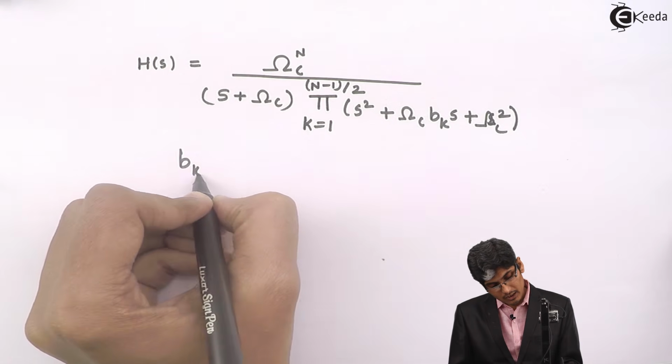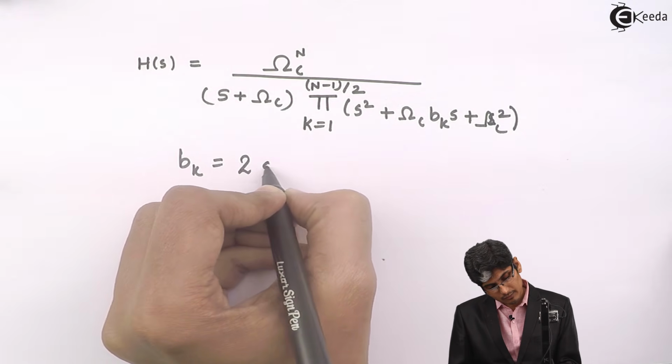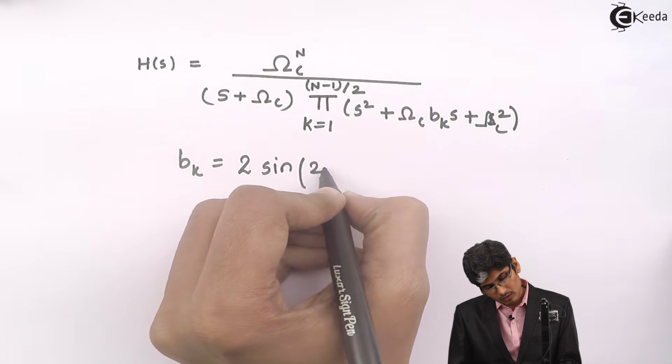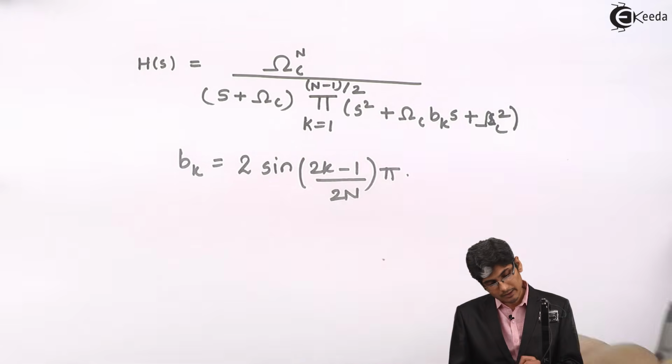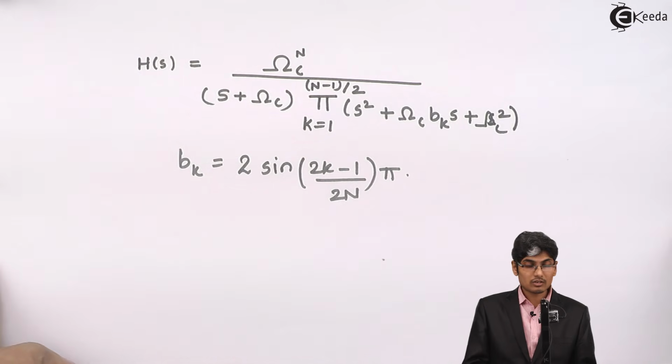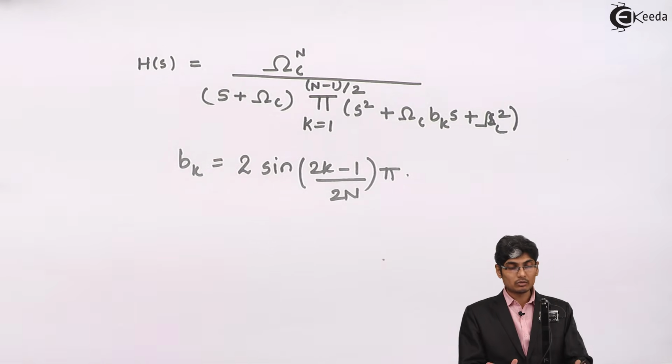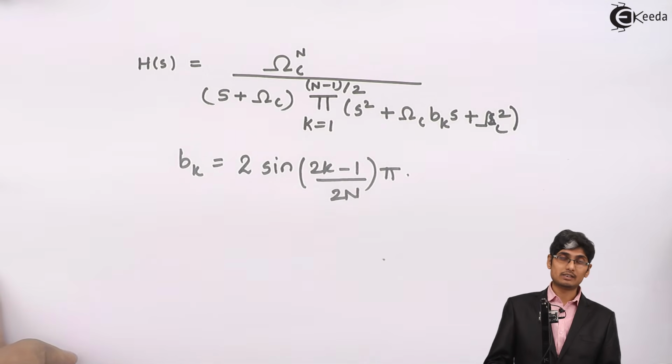Here bk is similar to the previous, that is sine of 2k minus 1 by 2n times pi. This is the only change you need to take care of when designing the filter.